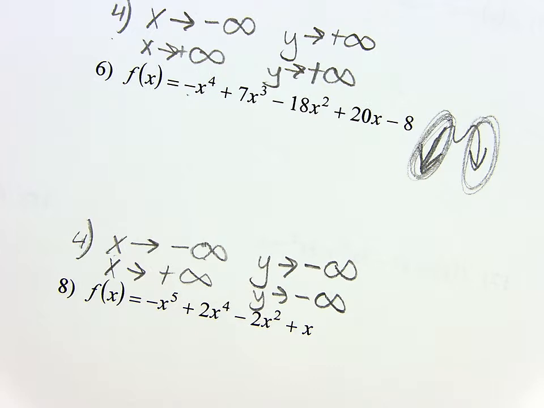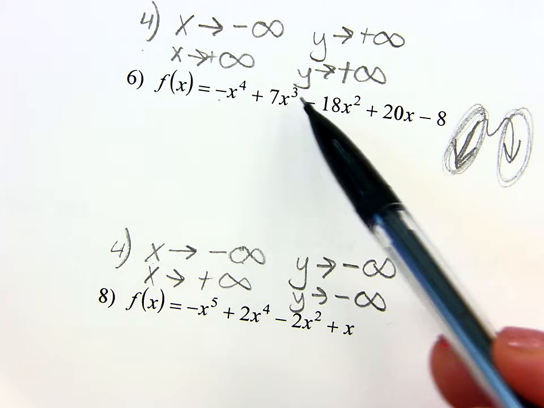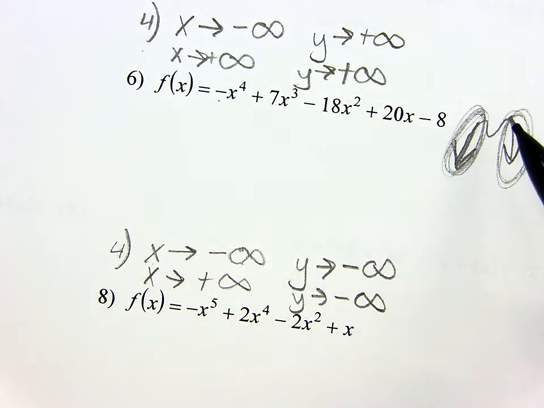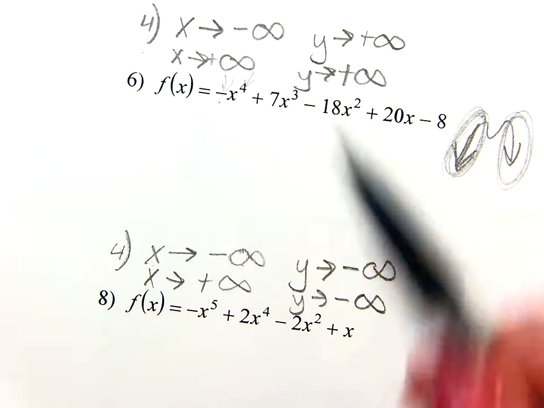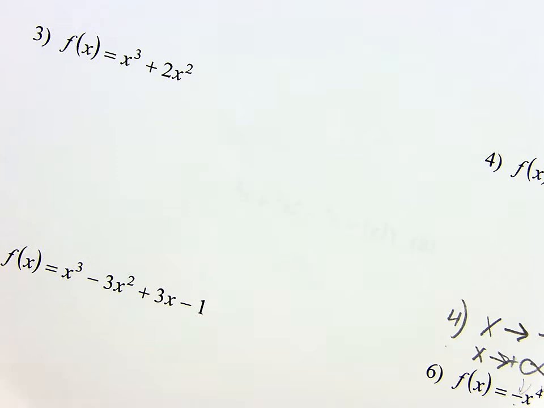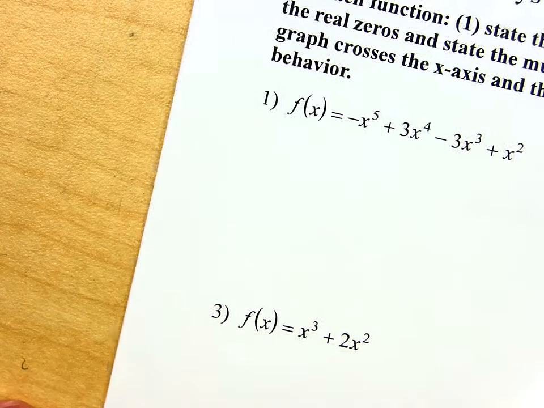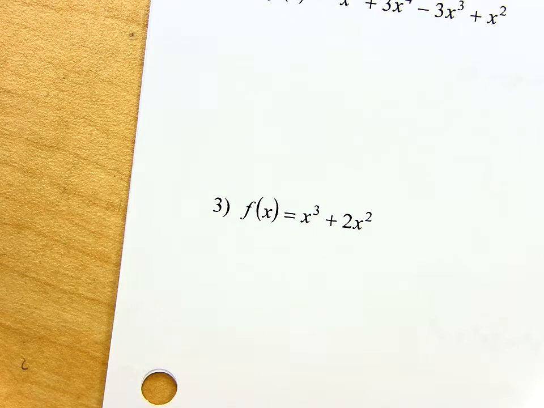All right, so now if we look back at 3, notice I don't even care about all this other stuff. It doesn't matter. I just, right now, care about the exponent and the leading coefficient. The rest doesn't affect the end behavior at all, okay? So if I look at number 3, I only really care about the fact that it's to the third power and the leading coefficient's positive.